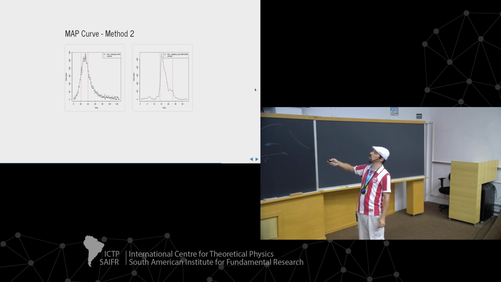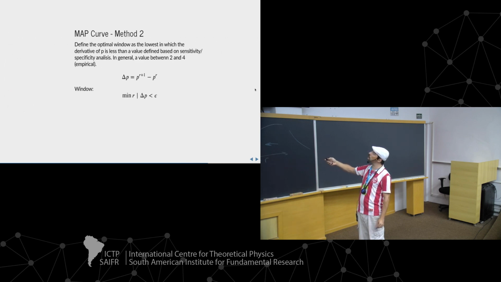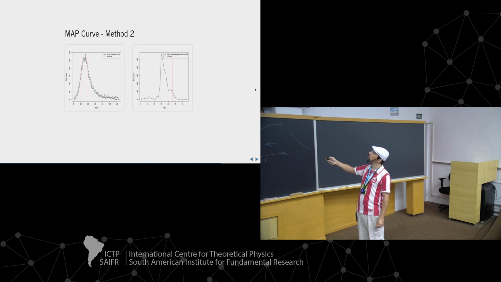But you can see that already we have here for the Germany example a window that is much lower than what we had before, right? And also the starting point is different. But for the Castilla-León example, we have pretty much the same thing. The starting point is exactly the same.